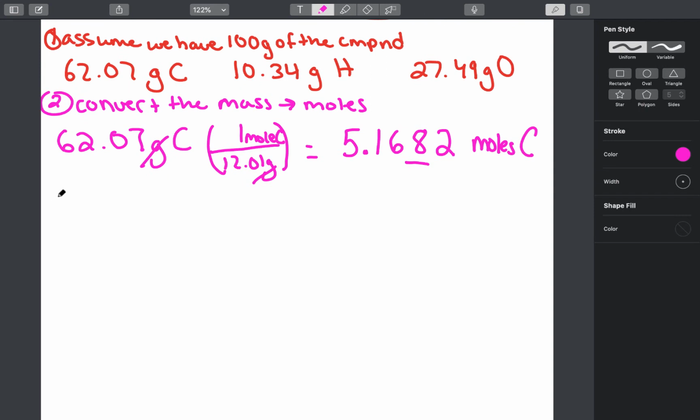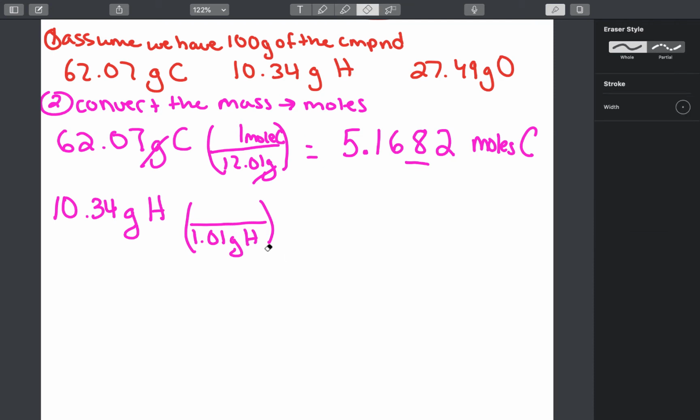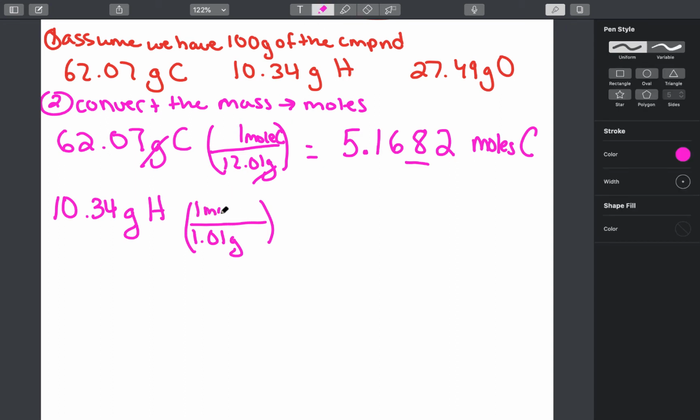So you have your hydrogen. So 10.34 grams of hydrogen times the inverse of the molar mass of hydrogen. So 1.01 grams per 1 mole of hydrogen. And then that would equal, so let's put that in our calculator as well.